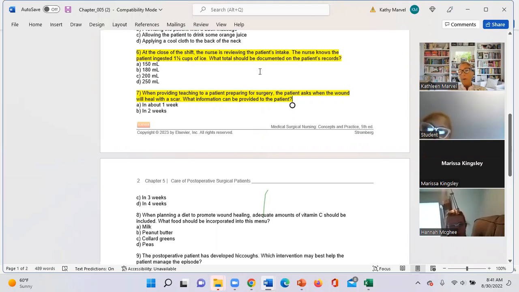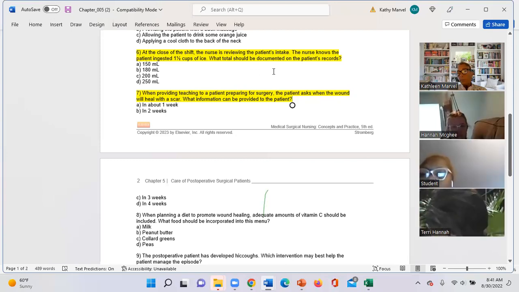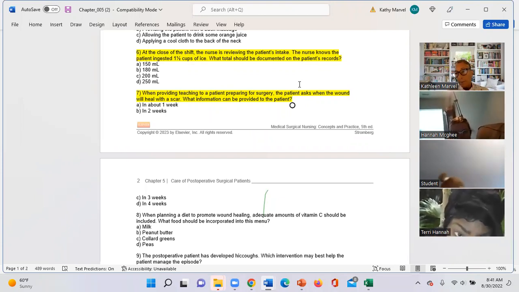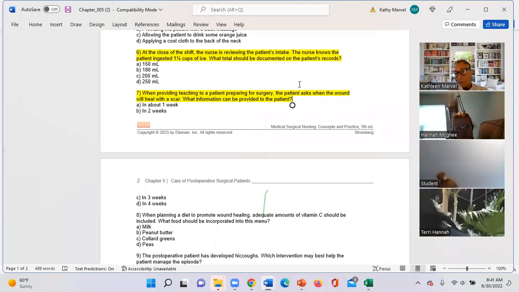So 1.5 cups, how many ounces are in a cup? Nope. 8. Somebody want to help Latrice? 8 ounces. Somebody else needs to understand this to explain this. Anybody else want to take a stab at it? So Latrice, where are you? So you have 1.5 cups of ice. How many ounces is that?